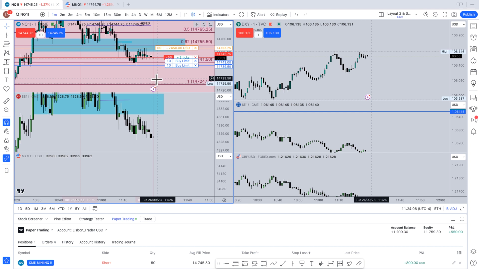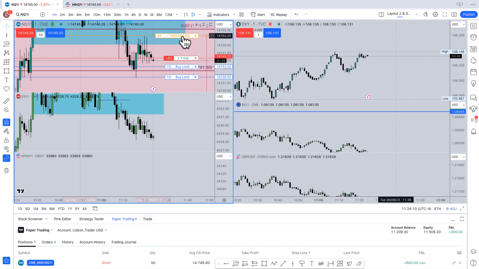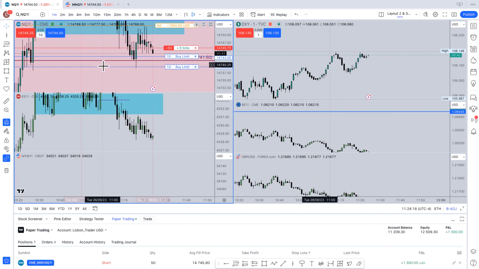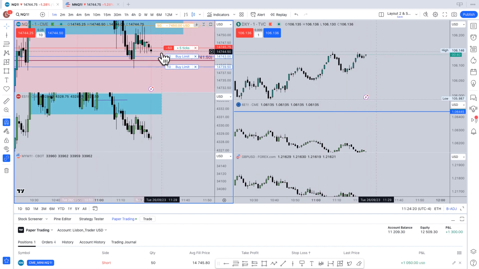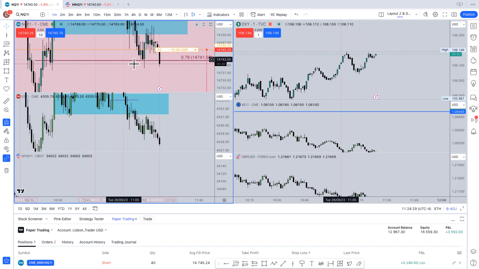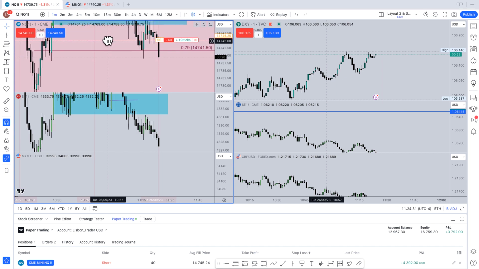Too long already in this trade. Yeah, this is a highly low probability day. Going lower. Okay. There. Okay. So 17.